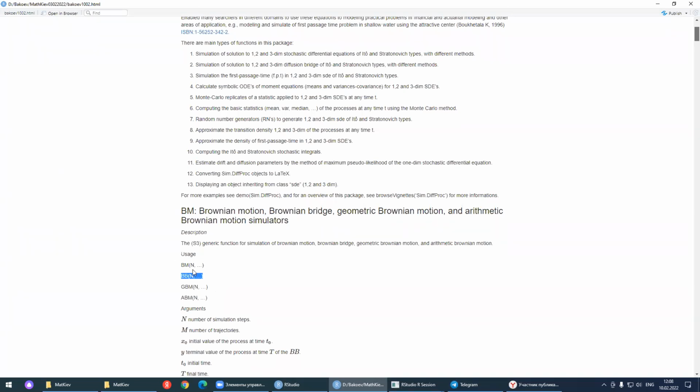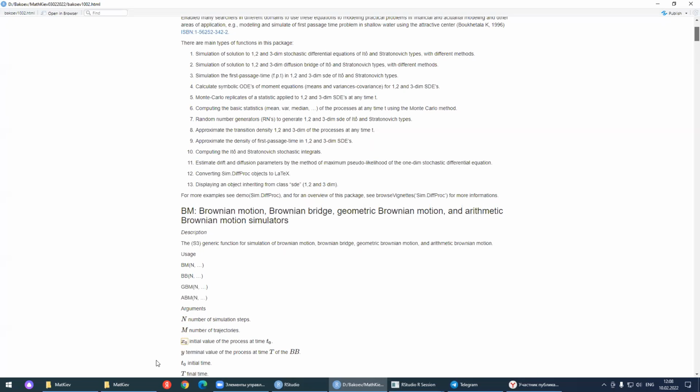For all of these functions, the arguments, which in the future we will denote by n, are the number of simulation steps. It means if you give the steps, you can discretize with these n steps. M is the number of trajectories, or the volume of the sample.